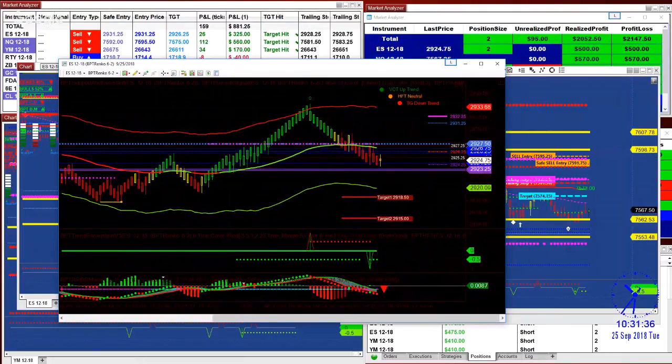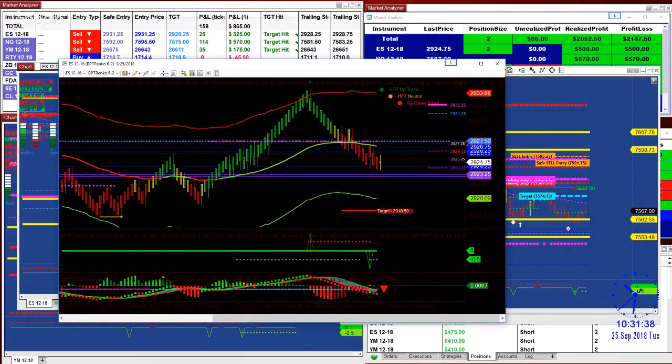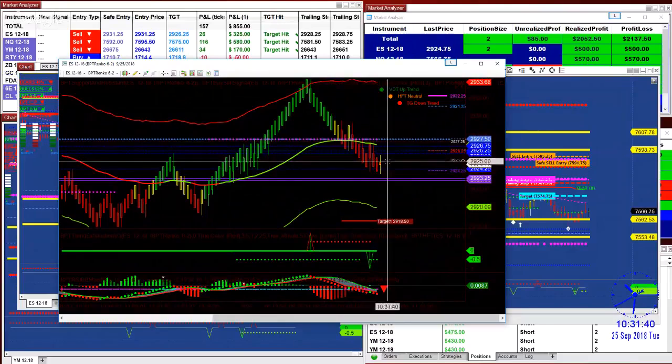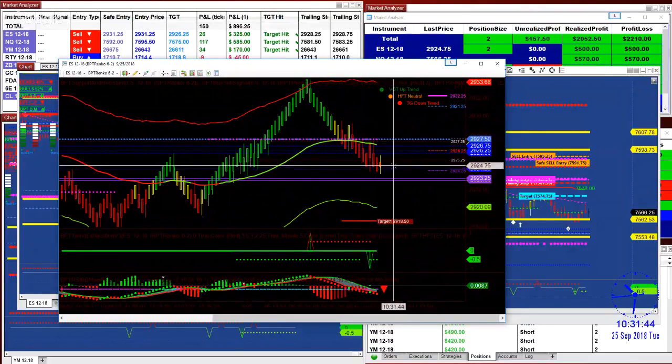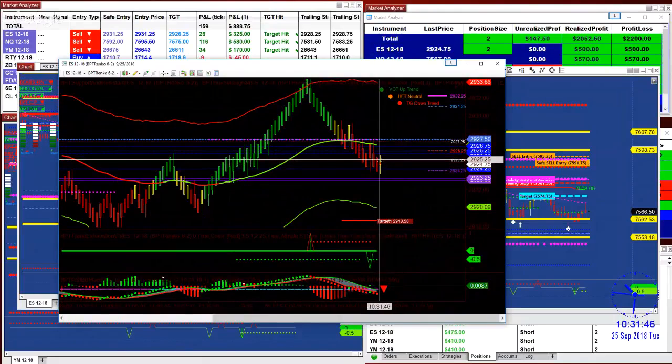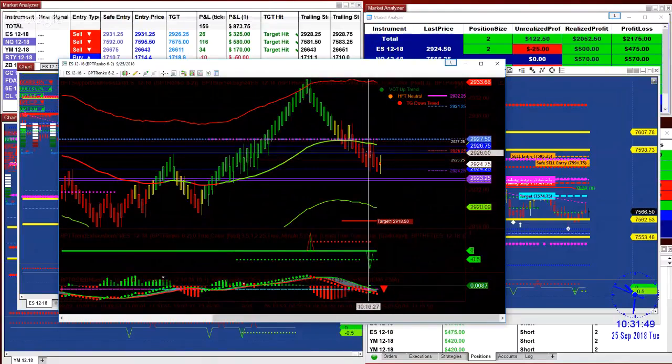So right now, if we are looking at this ES, it is one chop area here that, if you are auto trading, no matter where the auto trade is coming from, you're going to be struggling.